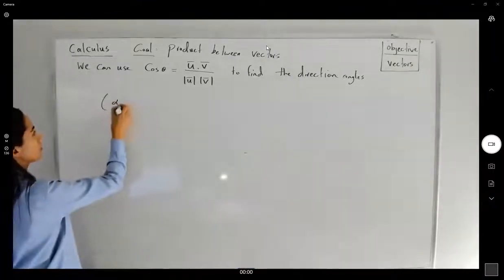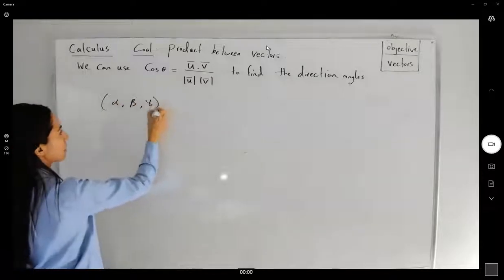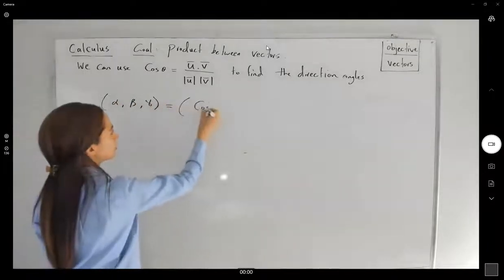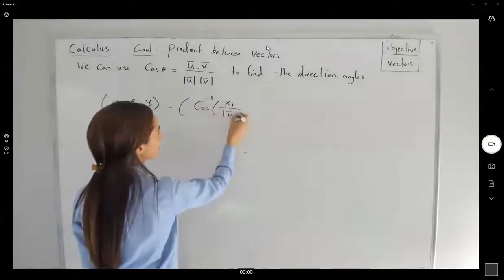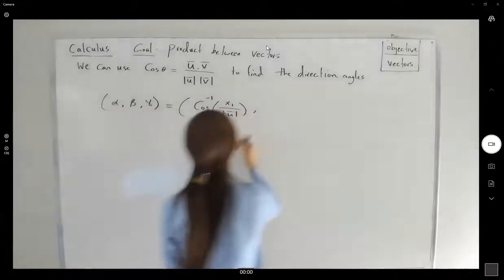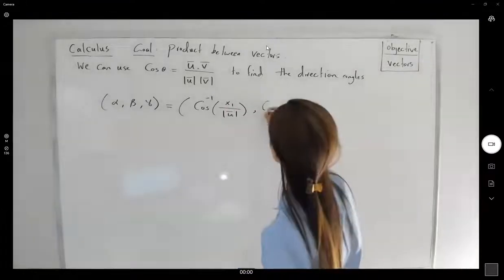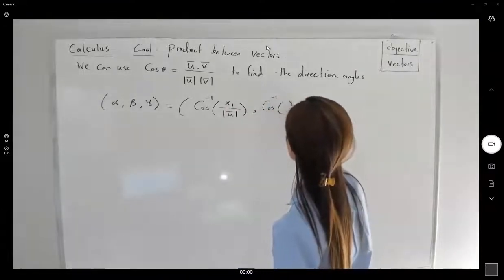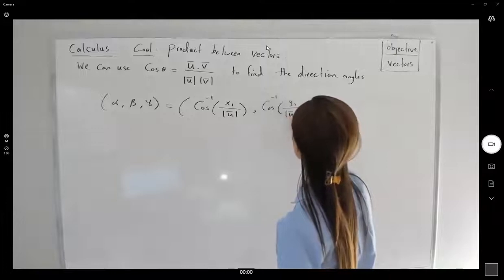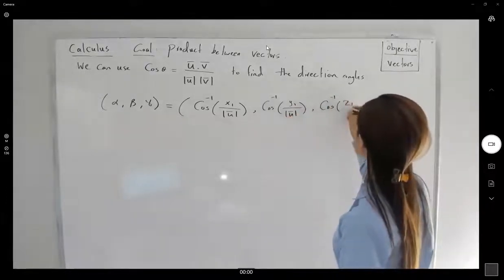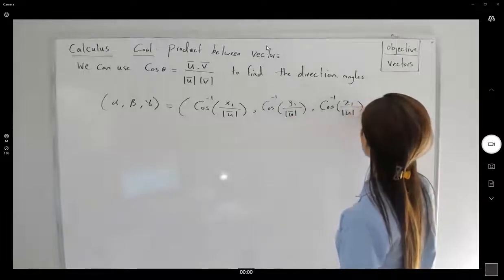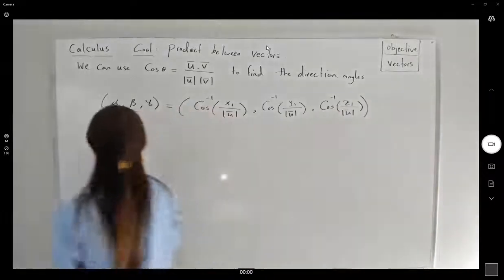So alpha, beta, and gamma: inverse cosine of x1 over the magnitude of u, comma, the second component, inverse cosine of y1 divided by the magnitude of u, and inverse cosine of z1 divided by the magnitude of vector u. Example.